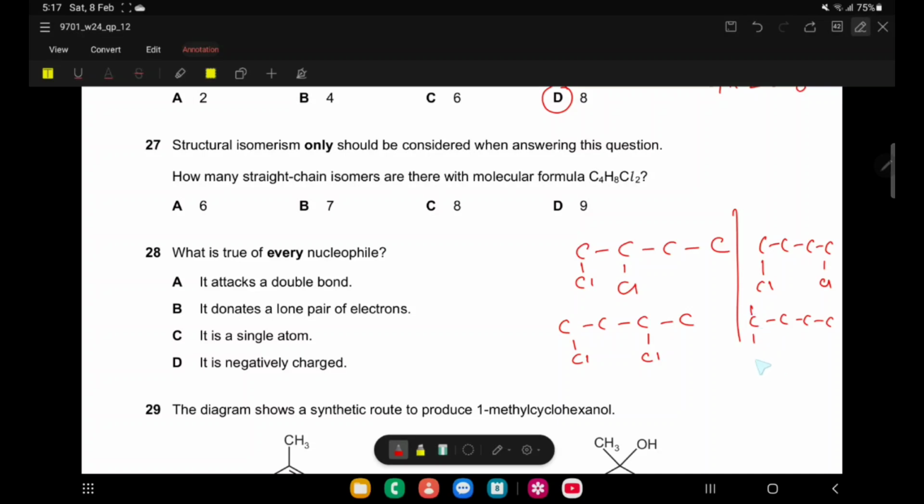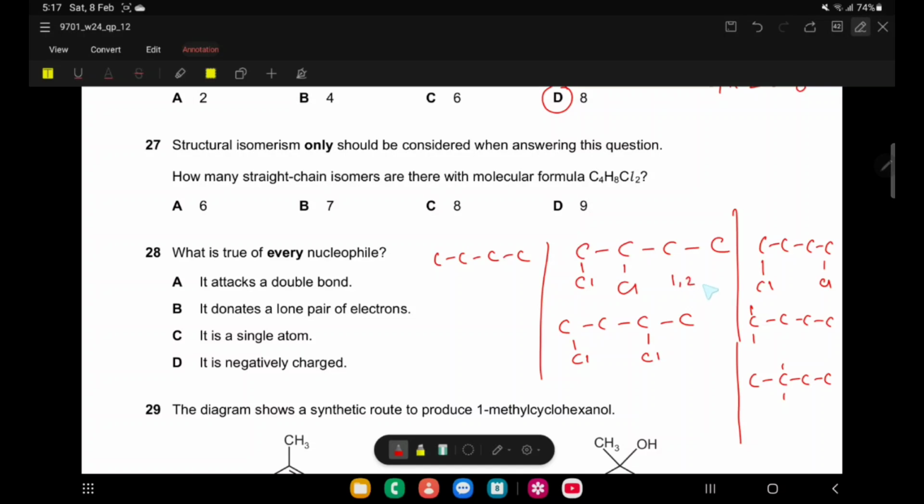Then 1,1 and 2,2. So already we have 1, 2, 3, 4, 5. What else could be? 1,1.